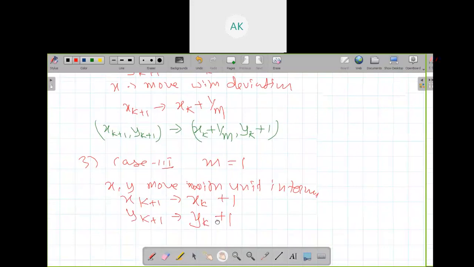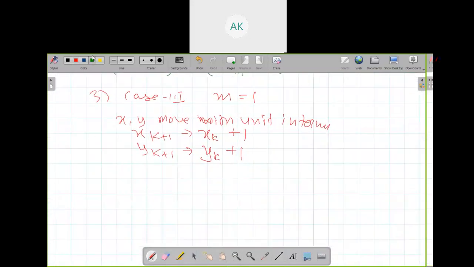So you can say the next point xk plus 1, yk plus 1 will be xk plus 1, yk plus 1. This is a simple formula.